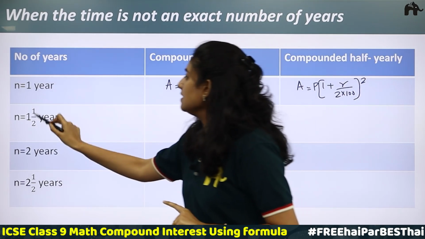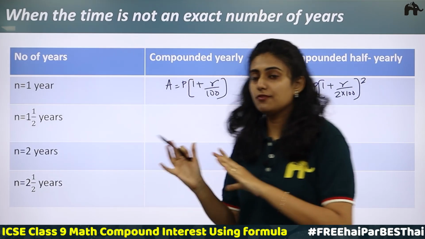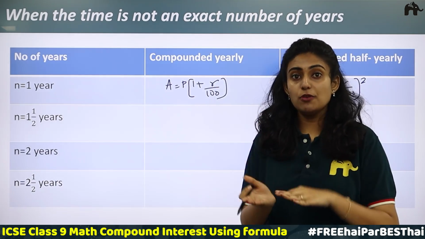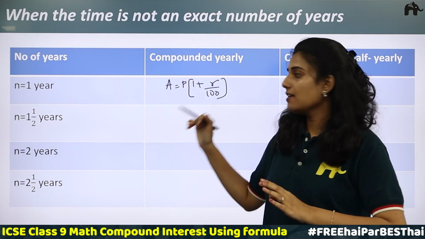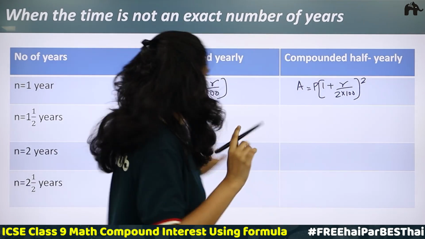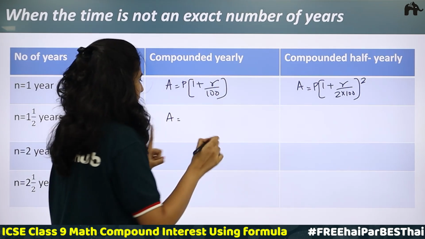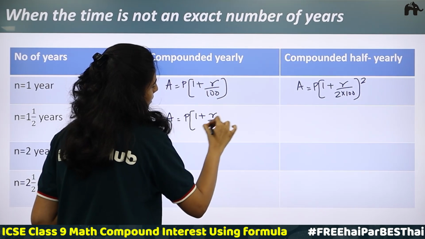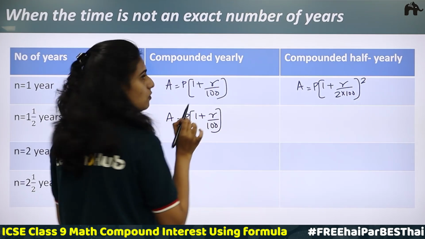Next, when N is equal to 1.5 years. In the previous question we discussed, when it was 2.5 years, we found for 2 years and then half year separately. So you can use this formula directly to find it. The formula is A is equal to, first you find for the first year, so P into 1 plus R divided by 100 raised to N. Here the N value is equal to 1.